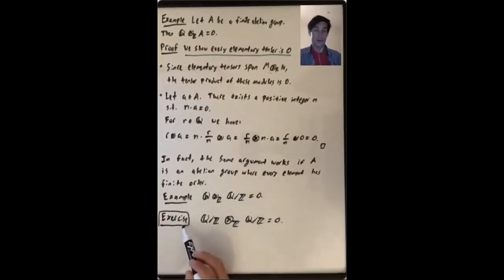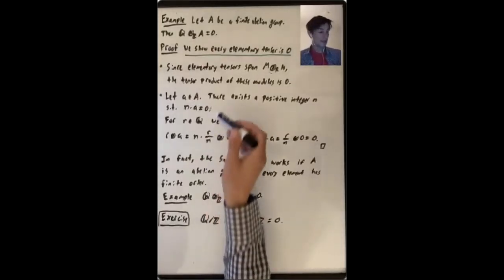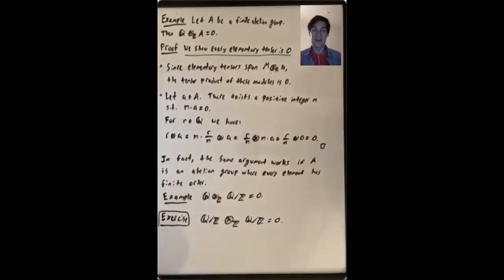I'll leave it to you as an exercise to work out the details, that Q mod Z tensor Q mod Z is also 0. How do you show that? You show that every elementary tensor is 0, and you can use a similar idea, but the details are a little different. So I'll pause and erase, and we'll continue our discussion of tensor products.